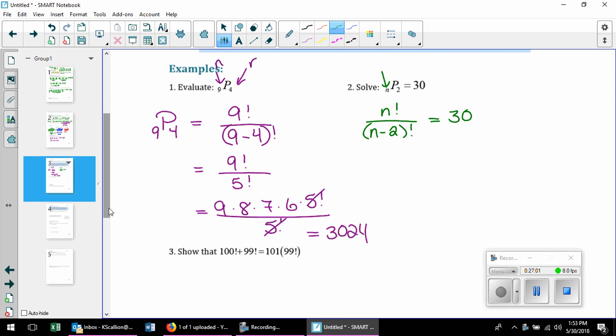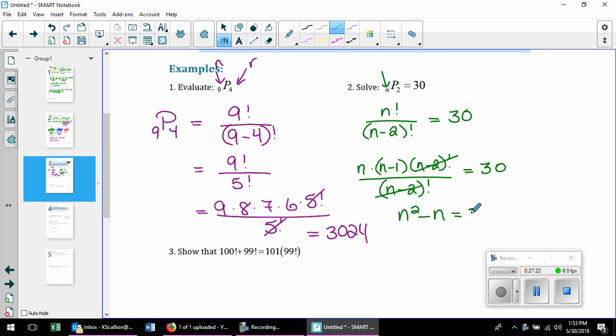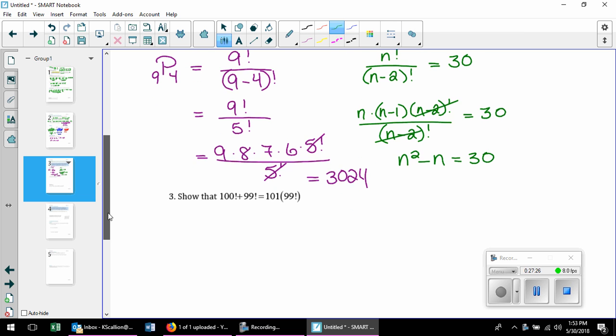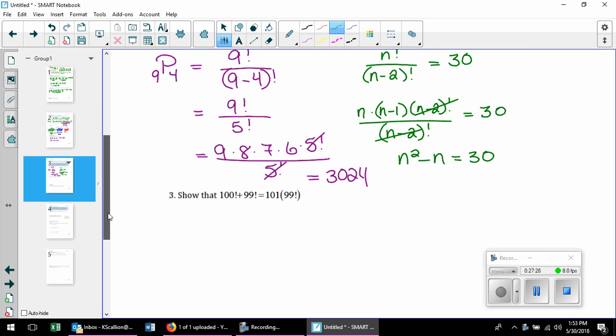Expand the numerator: n, n minus 1, n minus 2 factorial. Your whole goal is to eliminate that denominator. What do I do here? Factor.